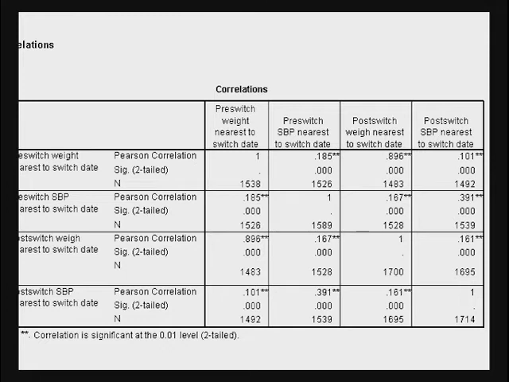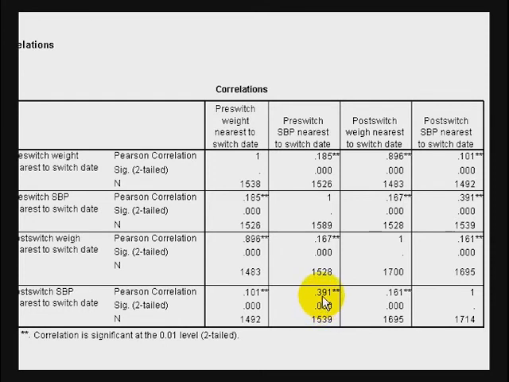Well, we would expect to see weight at time 1 and weight at time 2 to be highly correlated. So the weight before the switch and the weight after the switch, whoa! Will you look at that? Almost 0.90. So the correlation of weight between time 1 and time 2 is 0.90. Well, let's look at the systolic blood pressure at time 1 and the systolic blood pressure at time 2.